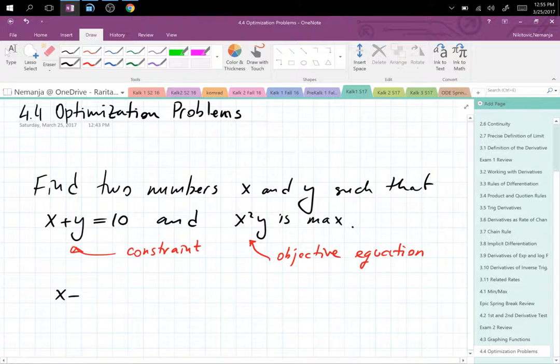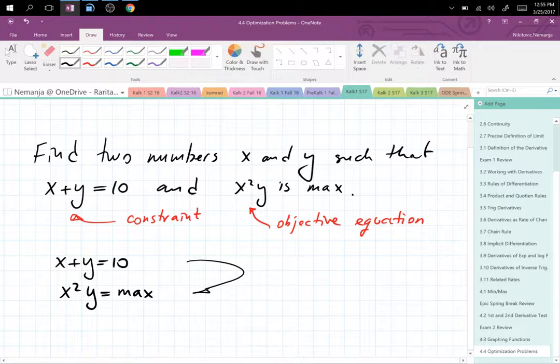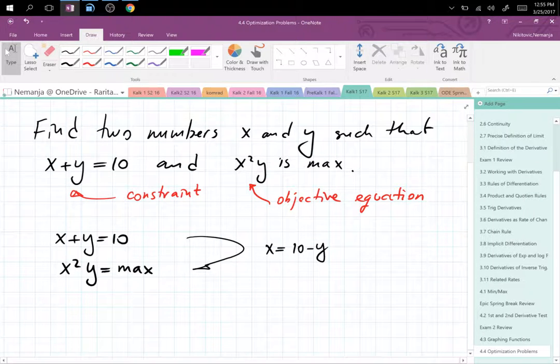You have two equations: x plus y equals 10, and x squared y equals a max. You will solve and plug in for, let's say, x equals y minus 10, right? Or sorry, 10 minus y. So x is equal to 10 minus y, and you will plug in.